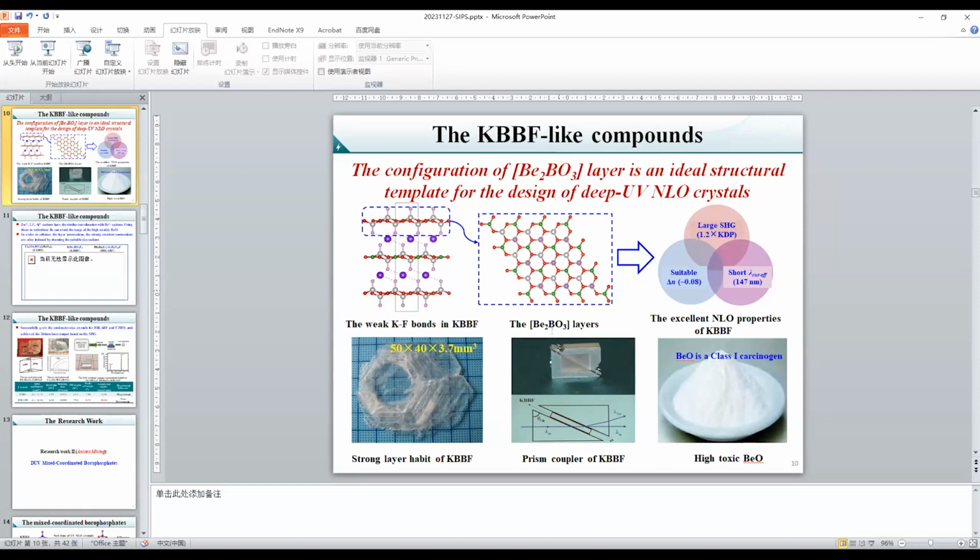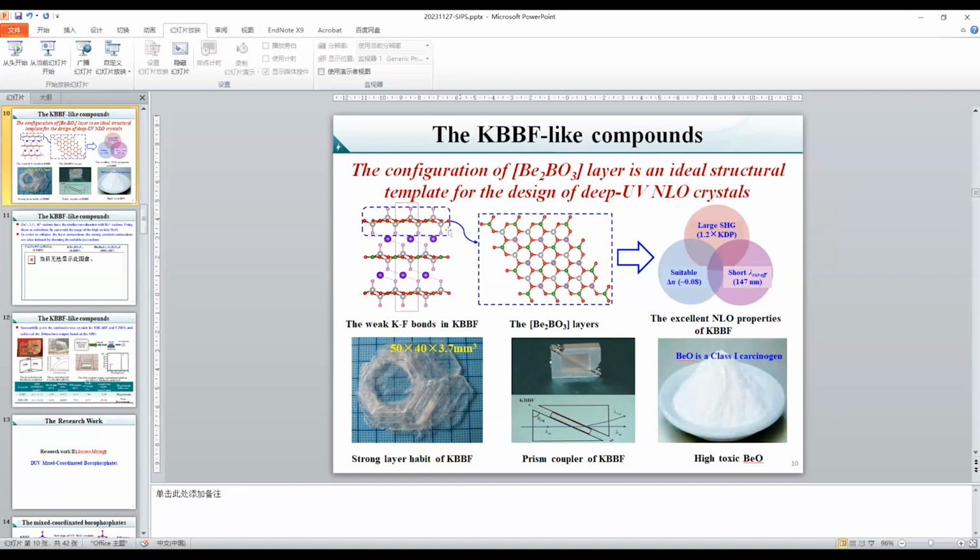And in this layer, all the terminal B-O bonds are connected by beryllium ions. It removes the dangling bonds, so the cut-off edge of KBBF can reach the deep UV, 147 nanometers.